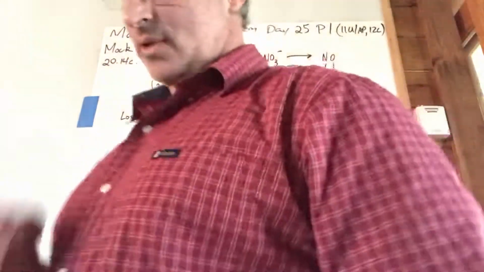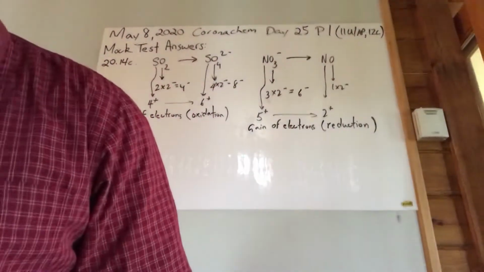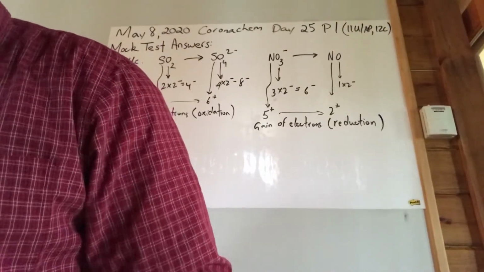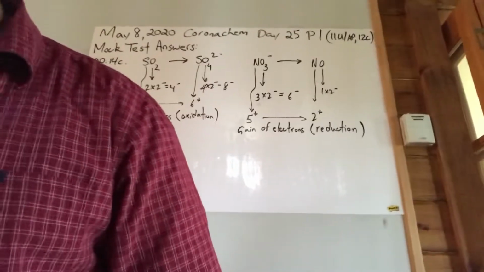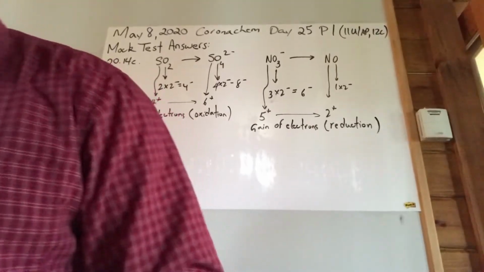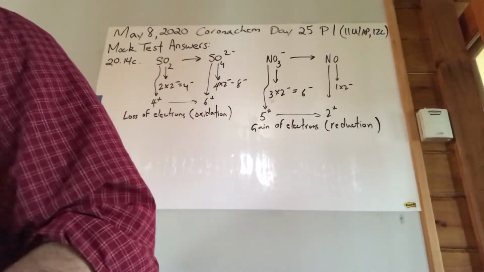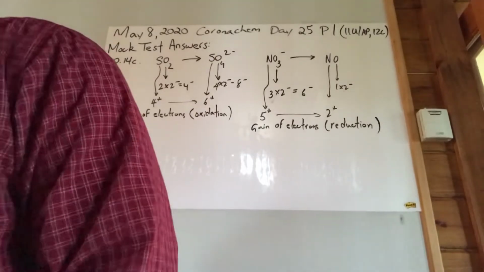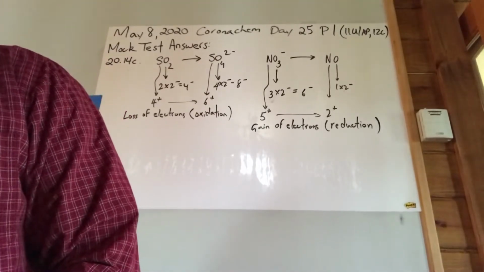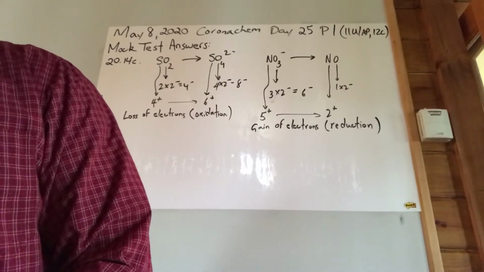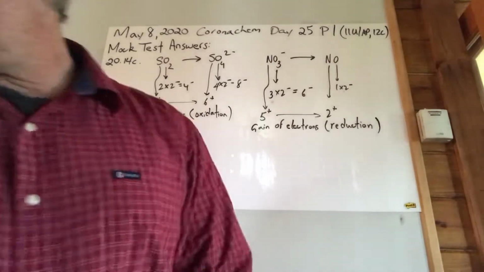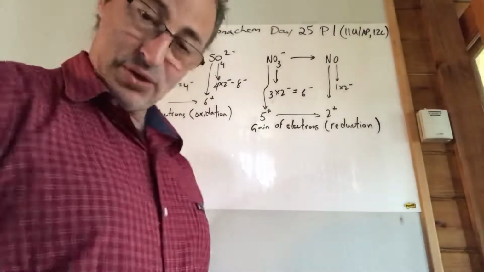The next question is 2020 C. It's a redox. The little table here is really too small. Okay, 2020 C, it says dichromate reacts with methanol to give you methanoic acid plus chromic in acidic solution. So let's do that.